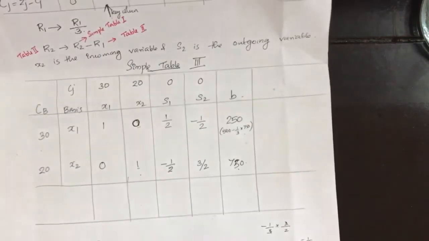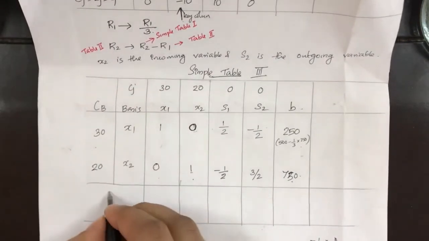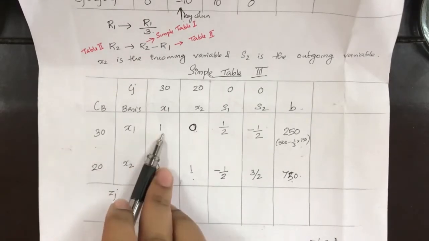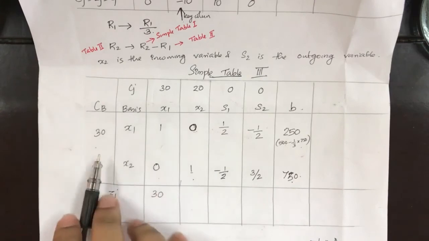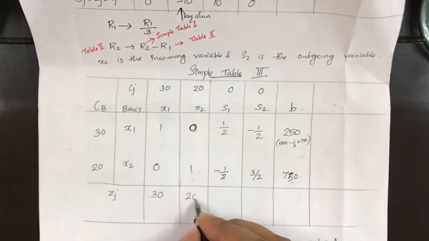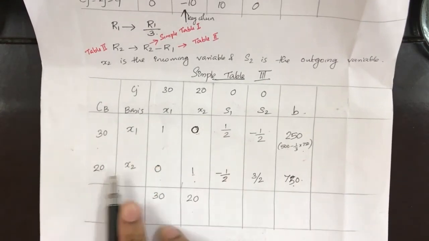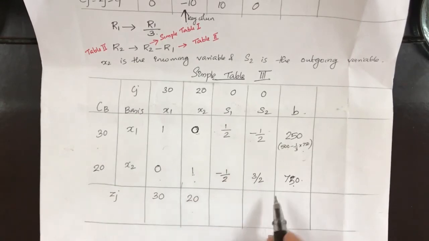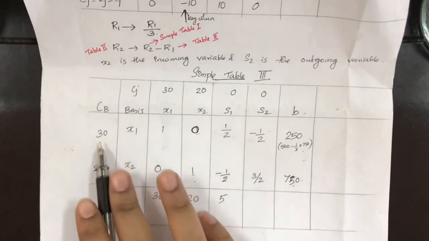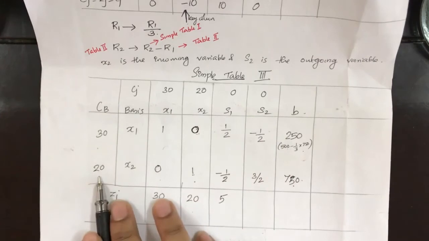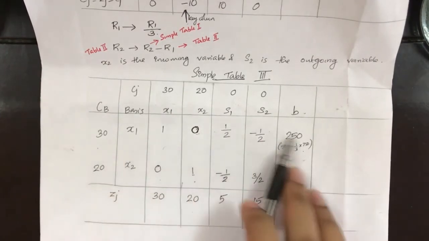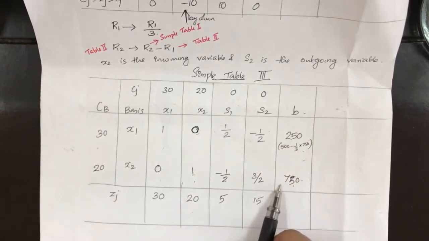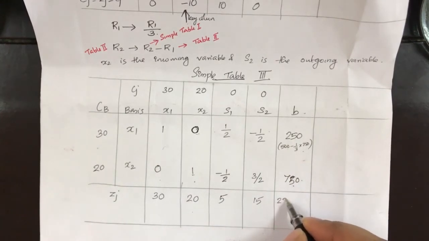Okay, now we are going to find out the Zj values. 30 into 1 plus 20 into 0, 30. 30 into 0 plus 20 into 1, 20. 30 into 1 by 2 plus 20 into minus 1 by 2, answer is 5. 30 into minus 1 by 2 plus 20 into 3 by 2, answer is 15. 30 into 250 plus 20 into 750, answer is 22,500.